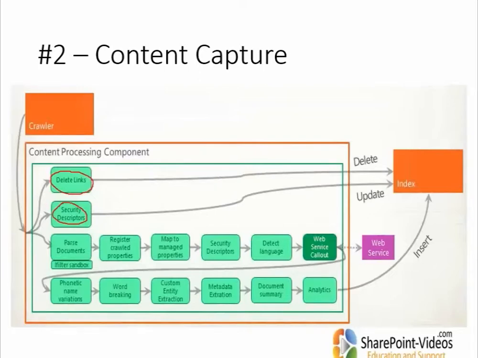If I add someone, this person has to be able to see this item in the result set after the next crawl. If I remove someone, this person should not be able to see that result in the result set afterwards. So this is one more type of change that can happen with the items.